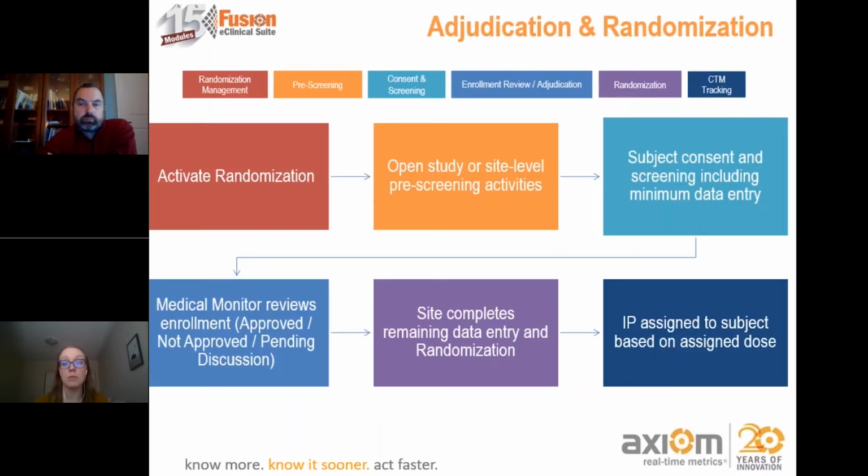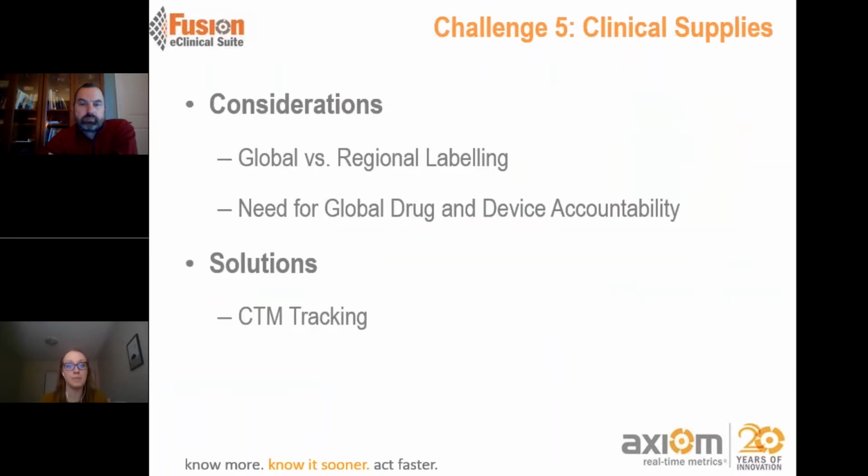For adjudication and randomization, it's just, again, centralizing it. It's bringing everything together, so there's real-time notification at each point. And that's, again, removing the paper requirements, the number of emails, the trackers, and also providing that opportunity for centralized review for the medical monitor or adjudicator.